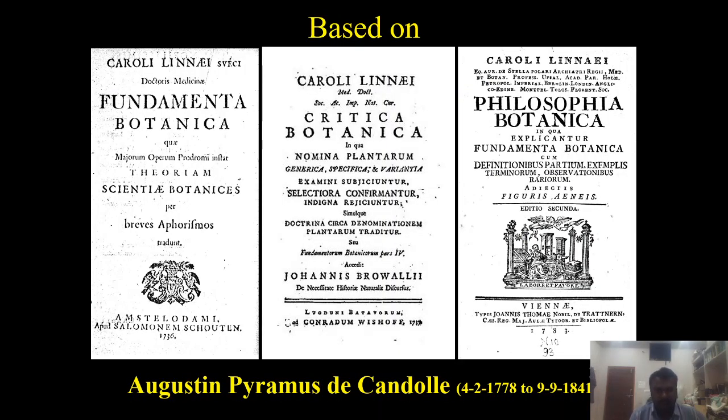Based on some of the works of Linnaeus, another scientist in the 18th century, Augustin Pyramus de Candolle, wrote some rules and regulations for the naming of plants. The base for his work was three books written by Linnaeus: Fundamenta Botanica, Critica Botanica, and Philosophia Botanica.